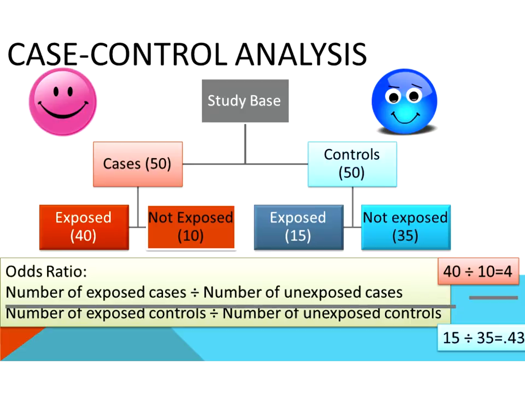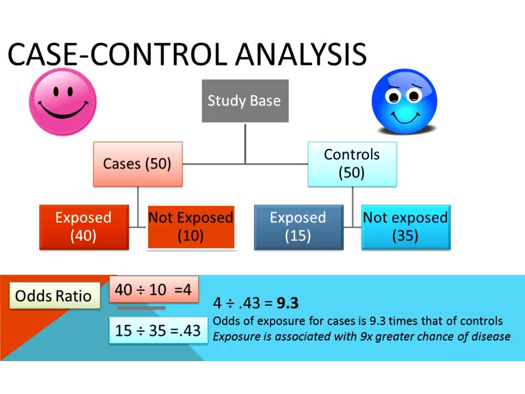And then to calculate our odds ratio, we take 4, the number of exposed divided by unexposed for the cases. We divide that by the number of exposed divided by unexposed for the controls, and we come up with 9.3.